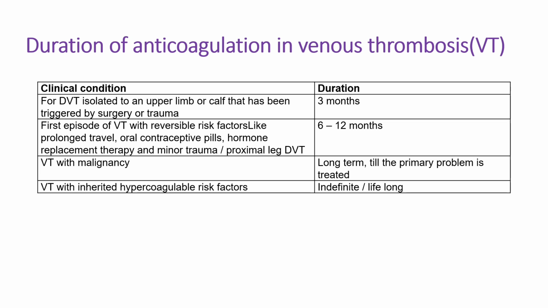First episode of venous thrombosis with reversible risk factors like prolonged travel, oral contraceptive pills, hormone replacement therapy, minor surgery, or proximal leg DVT, 6 to 12 months. DVT with malignancy, long term until the primary problem is treated. Venous thrombosis with inherited hypercoagulable risk factors, the patient has to take the drug lifelong.